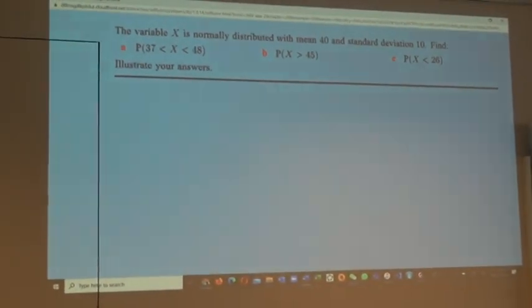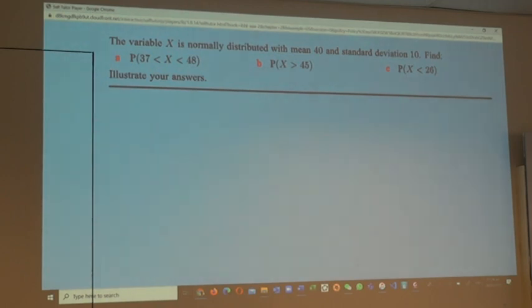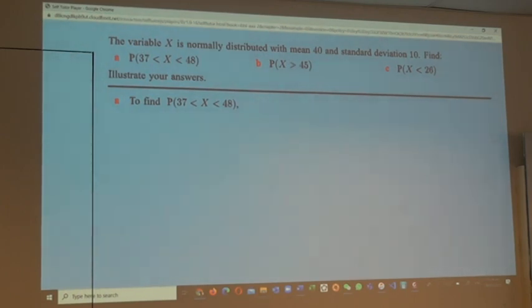However, for other intervals, we use technology to calculate the proportion. In this example, a normally distributed variable x has mean 40 and standard deviation 10. In part A, we want to find the probability that x is between 37 and 48. These numbers are not whole numbers of standard deviations from the mean.